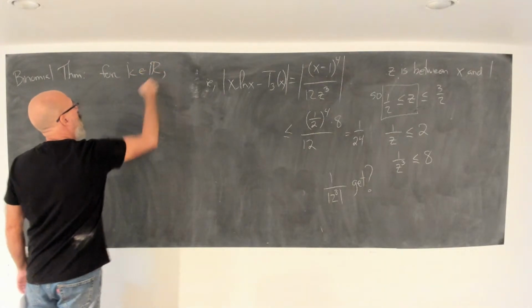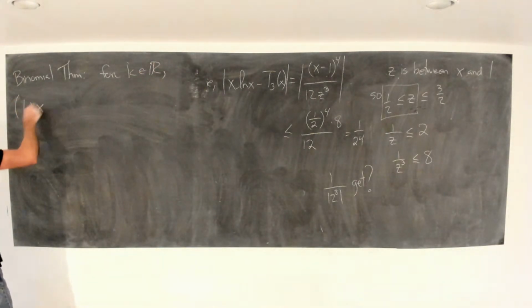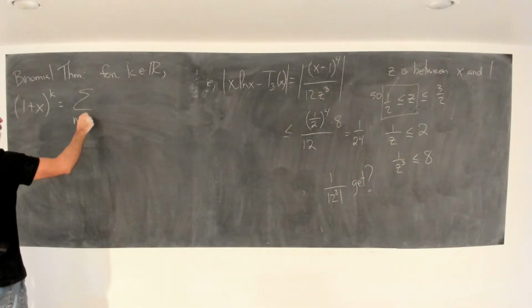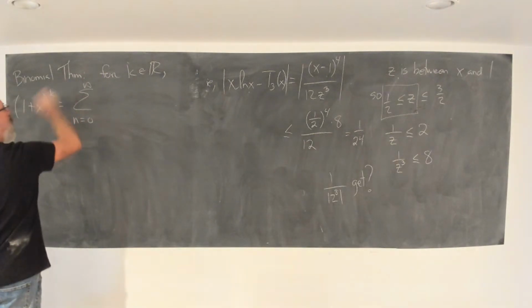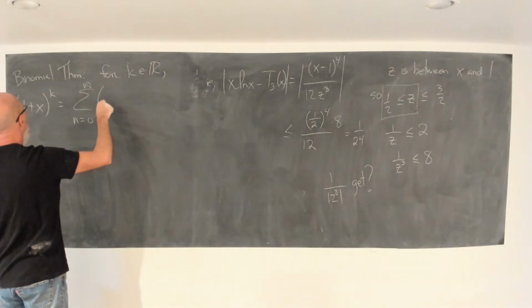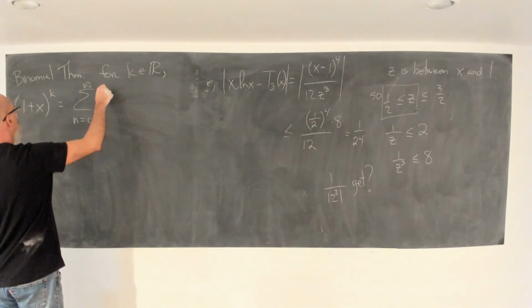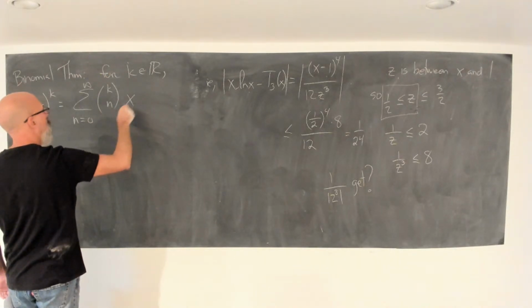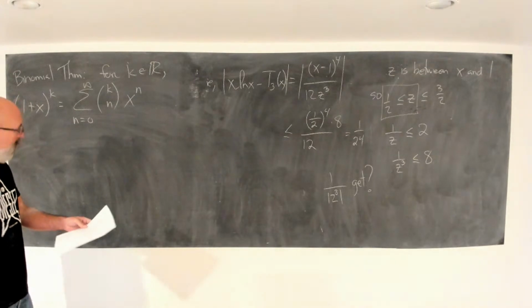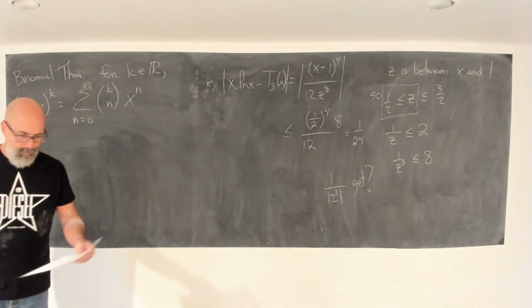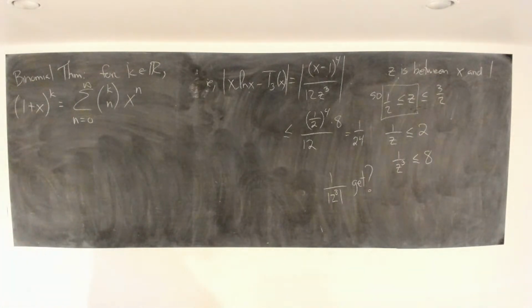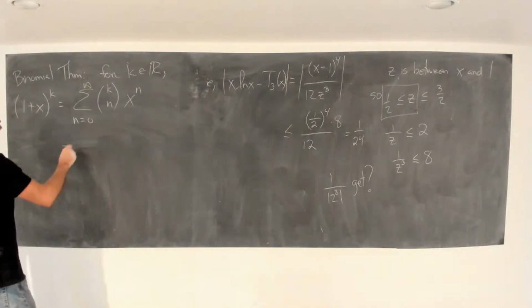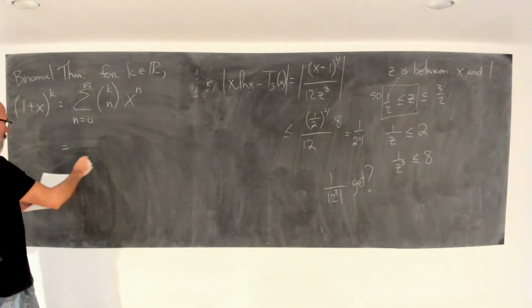For a real number k, 1 plus x to the k is equal to the sum from 0 to infinity of k choose n, x to the n. Is that right? That's exactly right. And what is this? This is shorthand notation for the following.